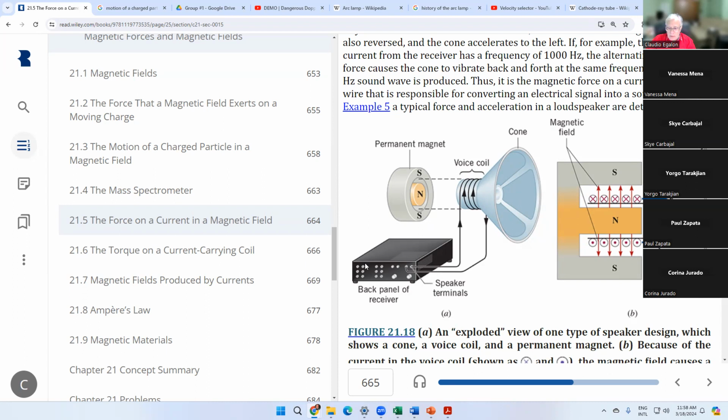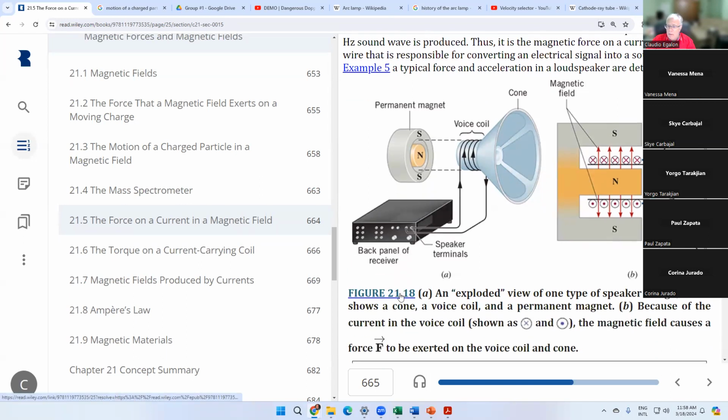So what do we do? This is a power supply that we vary our current. We can make it stronger or smaller. And this is the direction of the force on the speaker. It can go up and down, right?